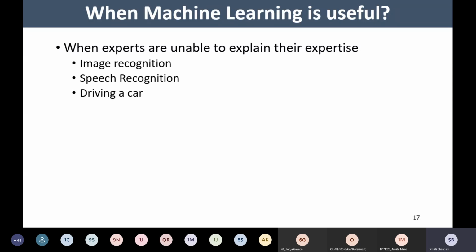Let us say we have a task, that is image recognition or speech recognition or driving a car. So these are several applications.